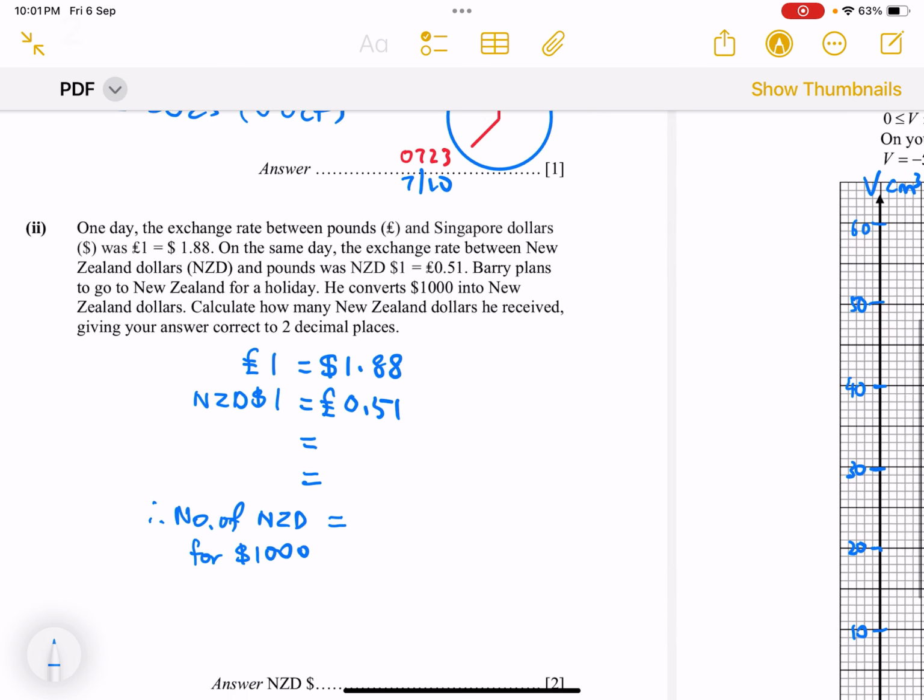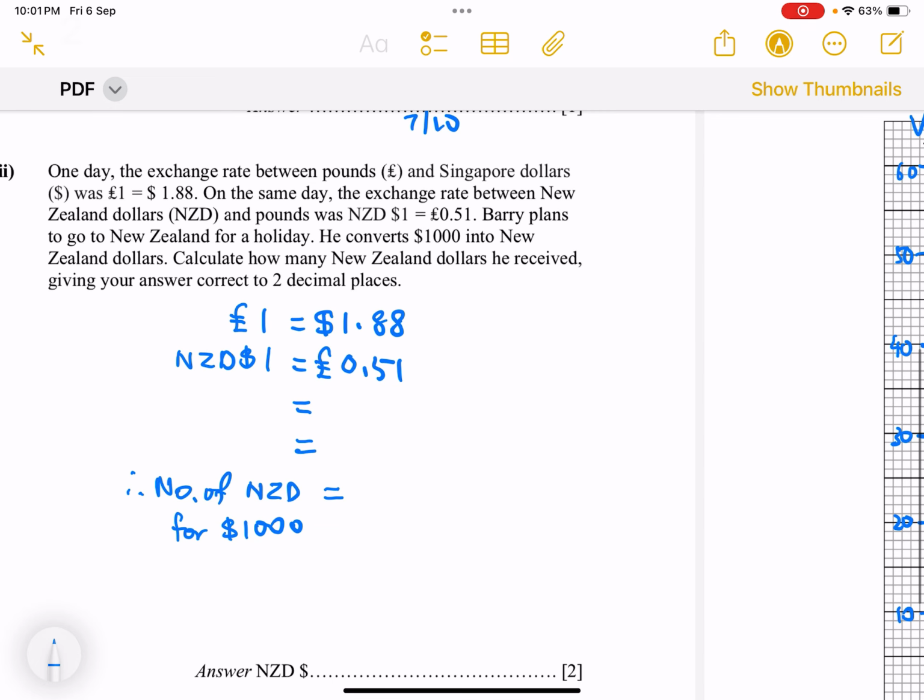Right, now here we have an exchange rate. £1 is 188 Singapore dollars, and 1 NZ dollar is 0.51. So we can convert the NZ dollars to Singapore dollars by taking 0.51 multiplied by 188, because £1 is 188.